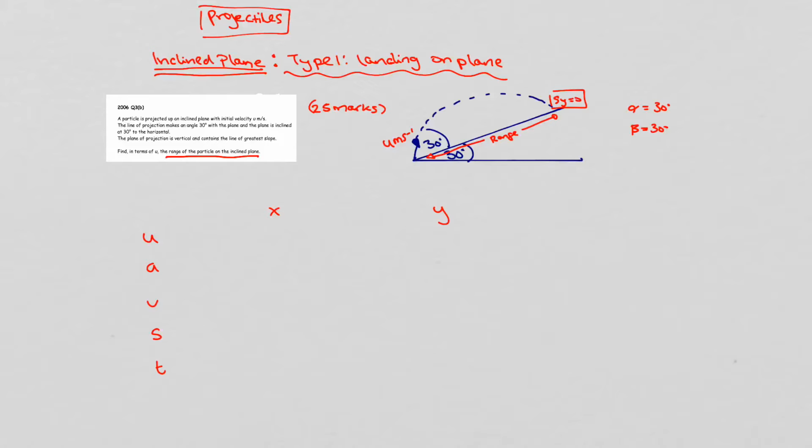Seeing as this is the first inclined plane question, just to remind you, at any point on the path gravity is acting in a downward direction. If I'm resolving it, that's 90, that's beta. These two angles are vertically opposite.